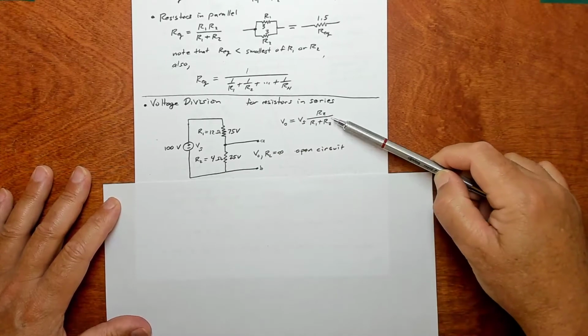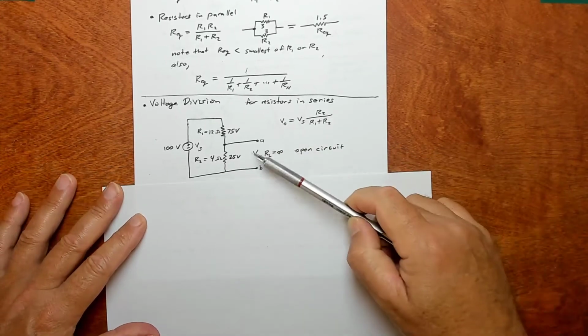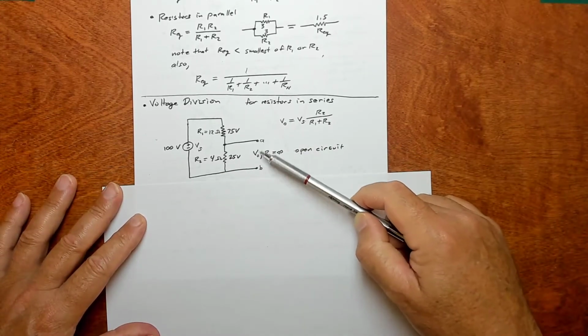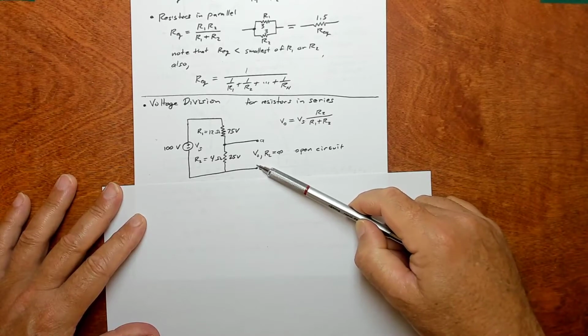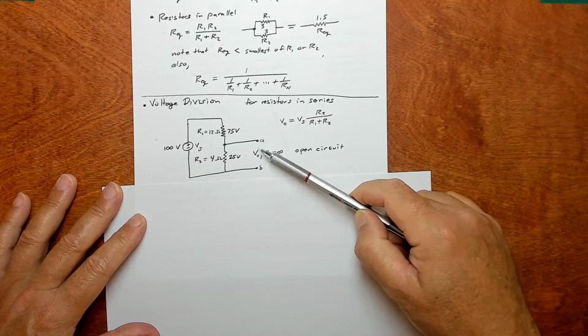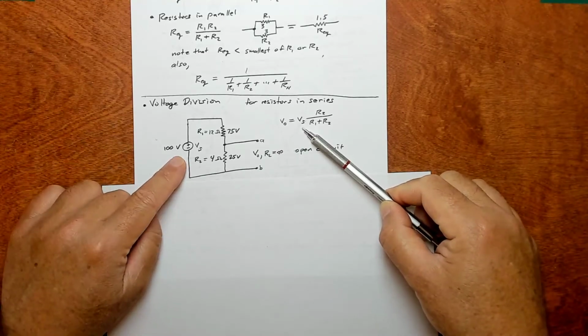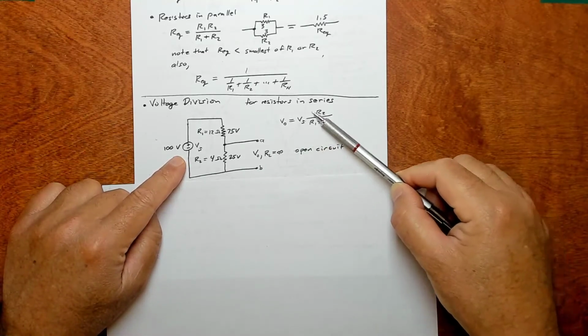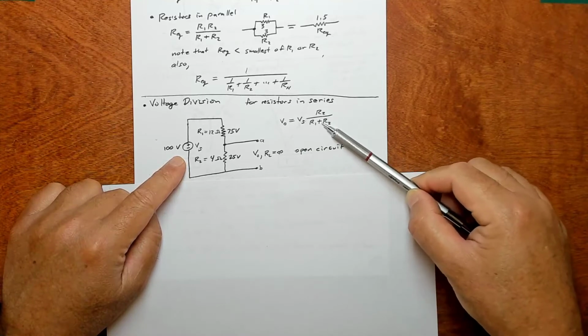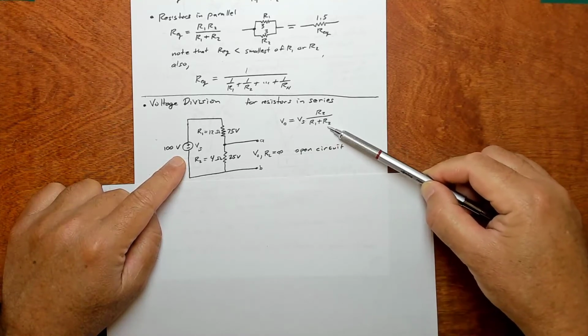The math equation for that is this. V0, the voltage of interest for this particular little circuit, is given by the source voltage V sub S times R sub 2 over R1 plus R2.